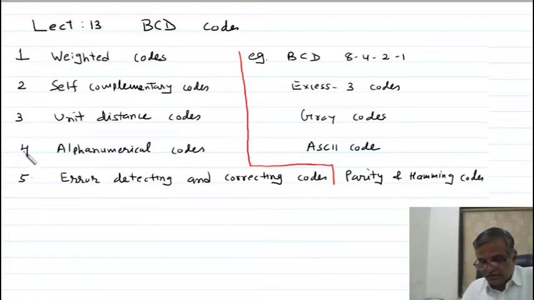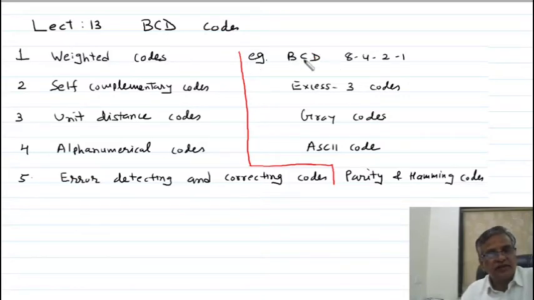Some codes mentioned here: weighted codes, self complementary codes, unit distance codes, alphanumeric codes, error detecting and error correcting codes. The example of the weighted code is BCD.